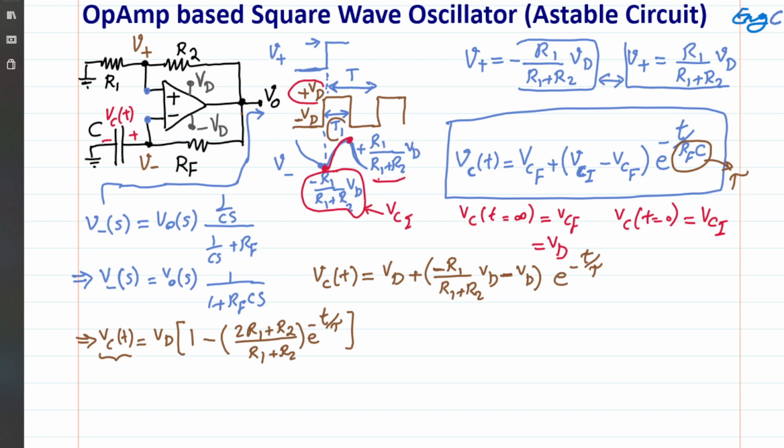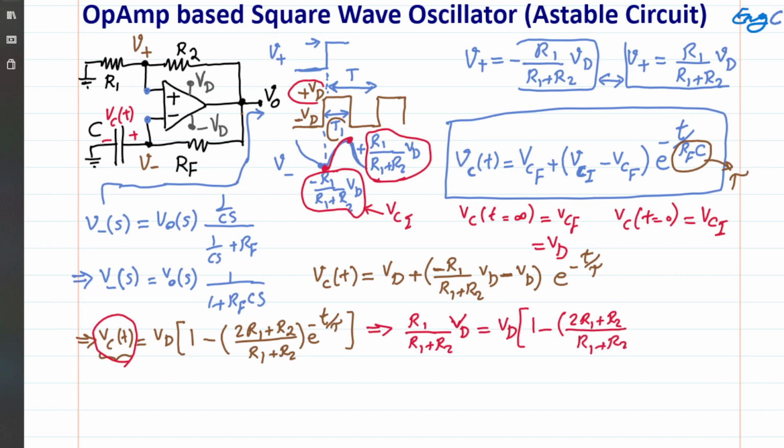So we are trying to get to this target, and therefore this value, VC target, is R1 over R1 plus R2 times VD. That's the target voltage for the voltage of the cap, and it is equal to the rest of the expression, VD times 1 minus 2R1 plus R2 divided by R1 plus R2 times e to the negative t over tau.